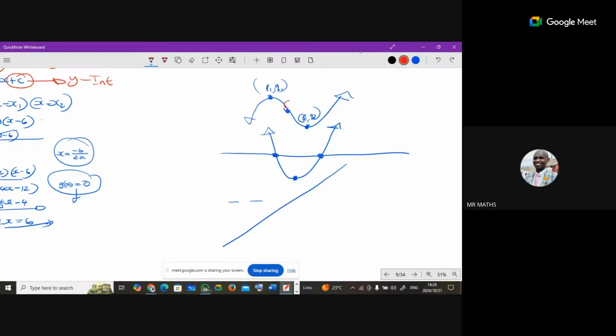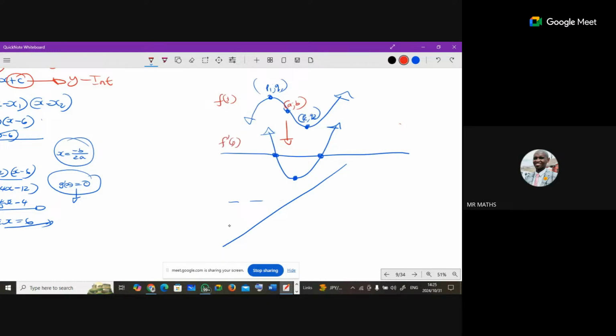The point of inflection, it's A and B, right? These are the important points. So we go to the parabola, the derivative. This is f of x, then this is f prime of x.